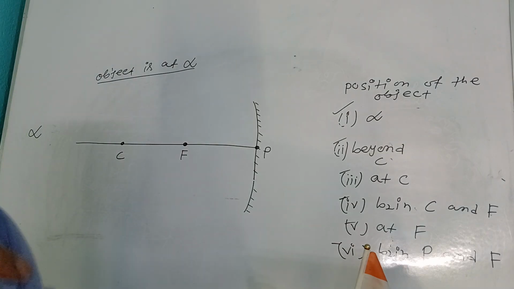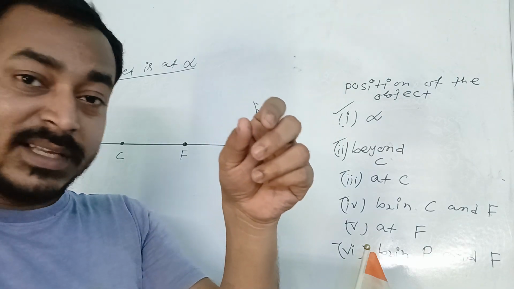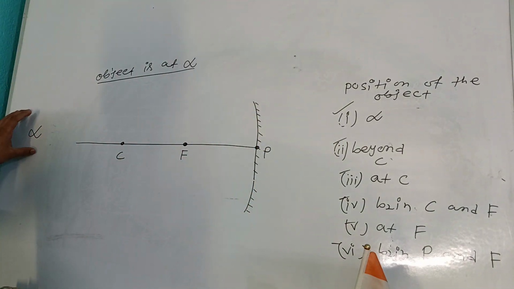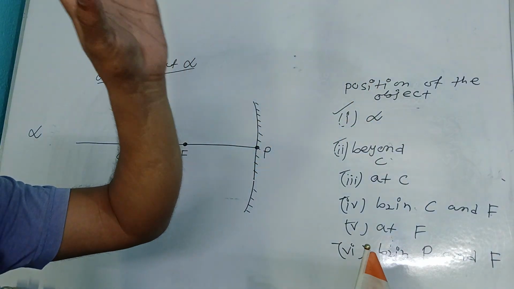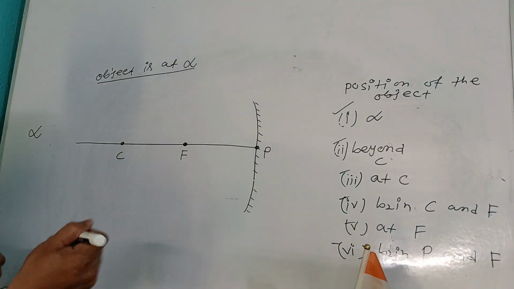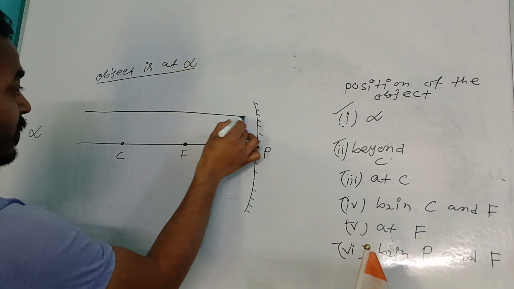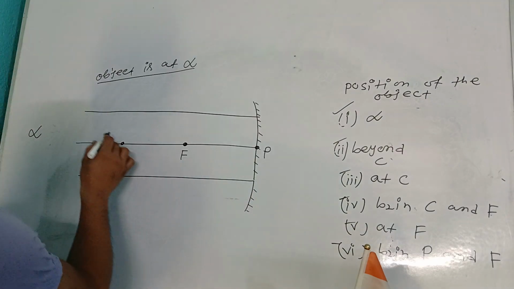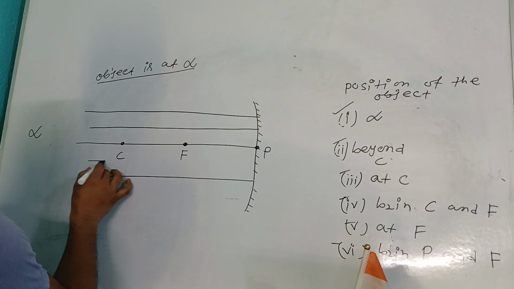So when the object is at infinity, from infinity rays are what? Parallel. Rays are parallel to the principal axis.